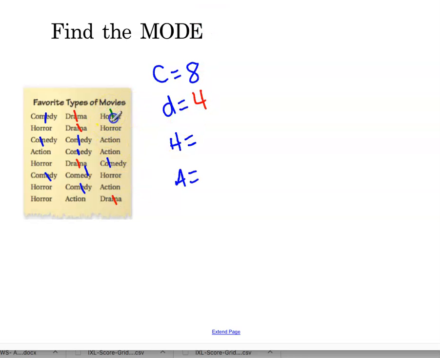Horror, 1, 2, 3, 4, 5, 6, 7 people said horror. And then action. 1, 2, 3, 4, 5 people said action. So the mode in this case is comedy. It's the one that came out the most frequently.